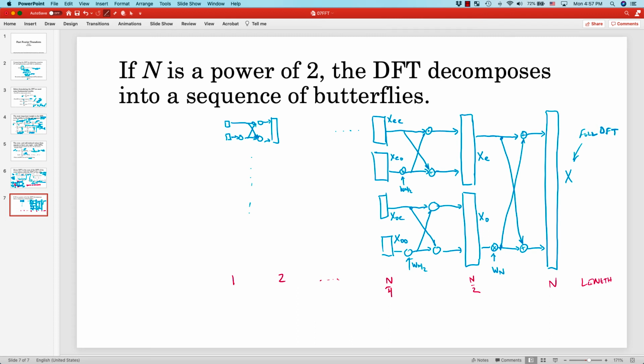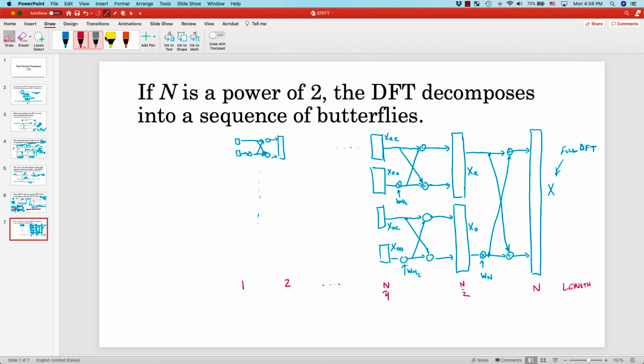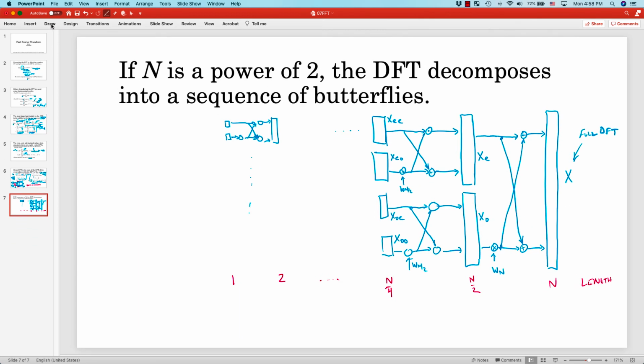Let's tally up the number of operations in each stage. So let's go to orange. And so we established on the previous slide that if the result of your butterfly is length n, then there are 3n over 2 operations.